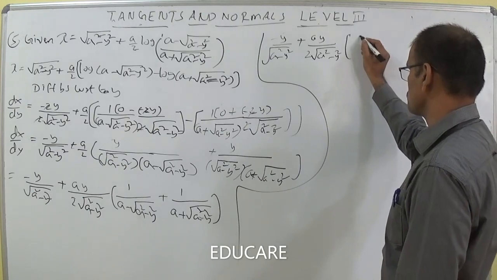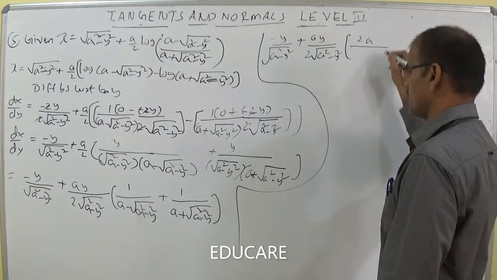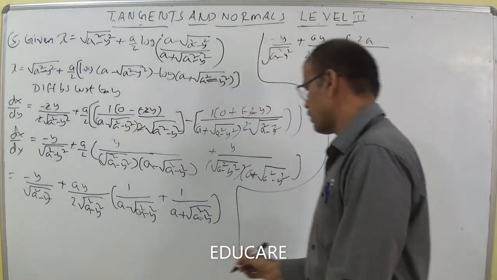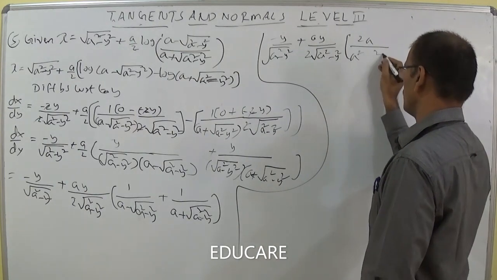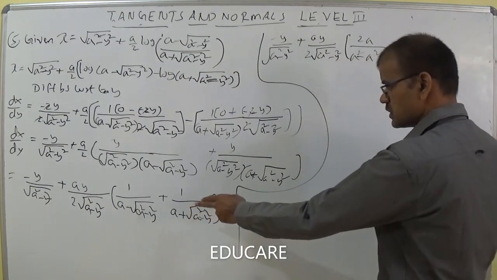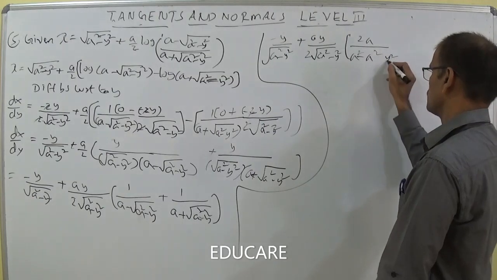It becomes 2a. So 2a by, this is the (a plus b)(a minus b) model. Then you can write this as a square minus a square plus y square.